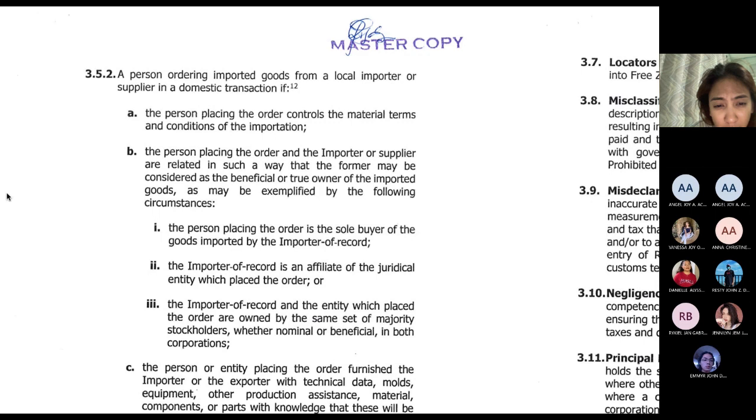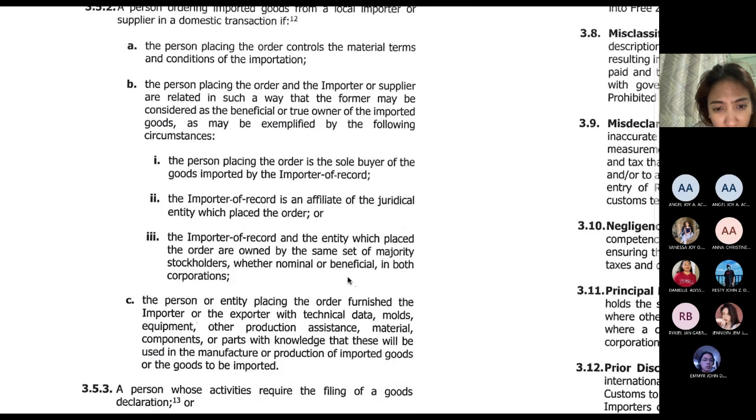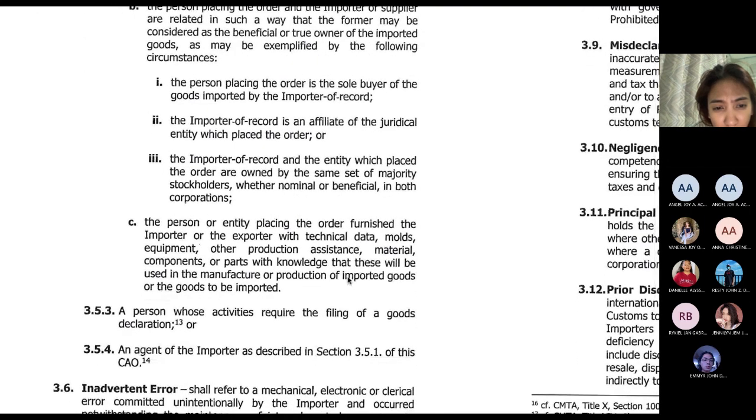The person placing the order is the sole buyer of the goods imported by the importer of record. 2. The importer of record is an affiliate of the juridical entity which placed the order. Or number 3, the importer of record and the entity which placed the order are owned by the same set of majority stockholders, whether nominal or beneficial, in both corporations.